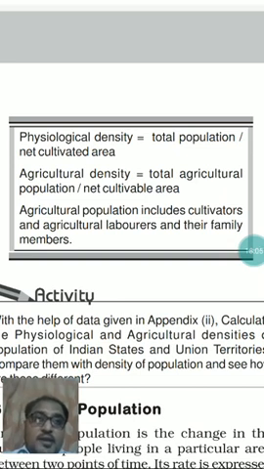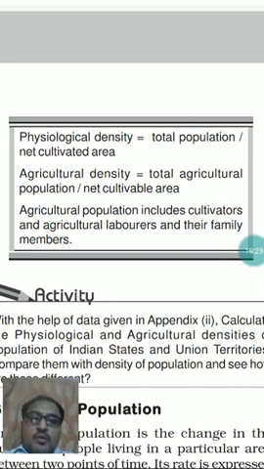So as India is an agrarian country, the maximum of the population is dependent upon agriculture. So we need to study density separately in terms of physiographical density and agricultural density.